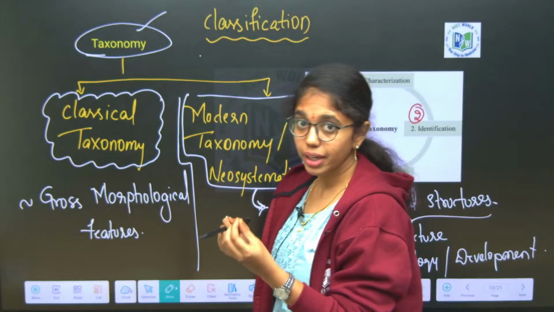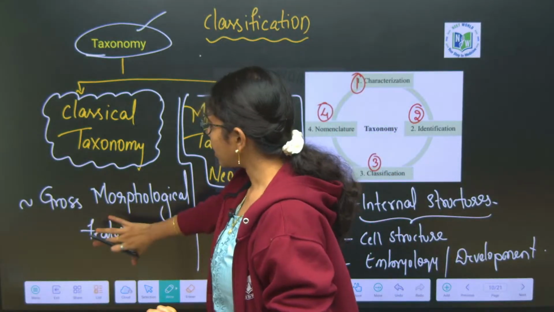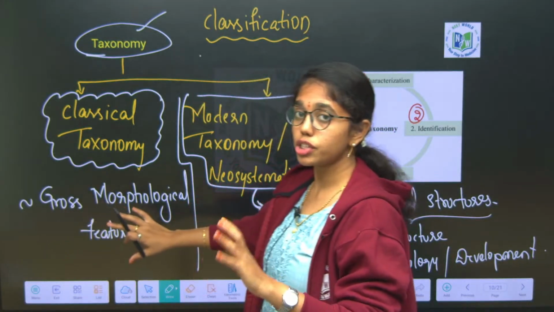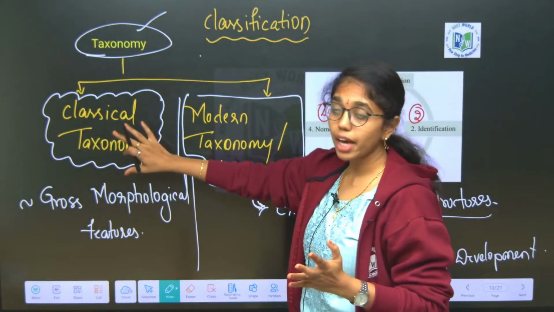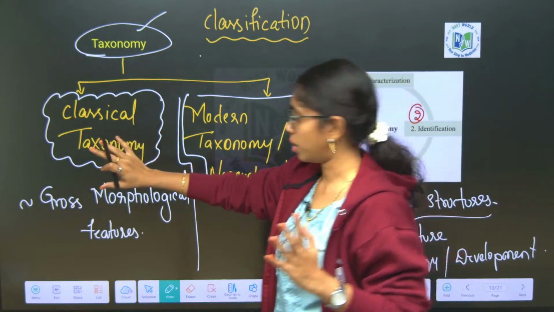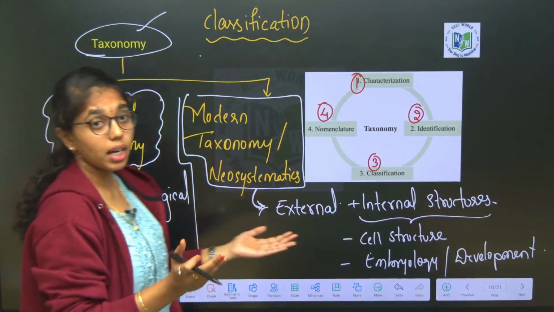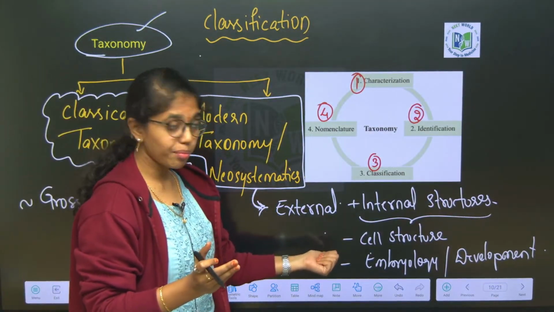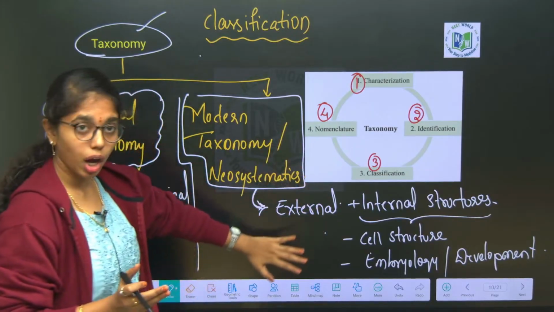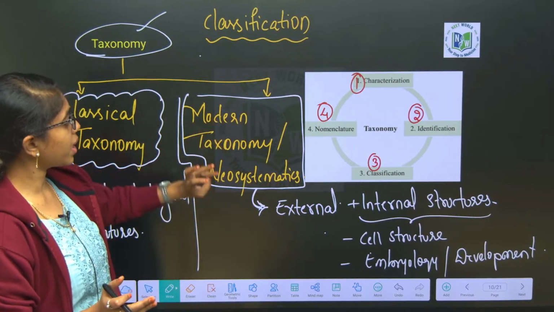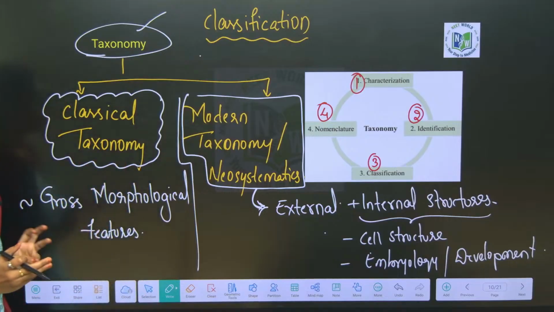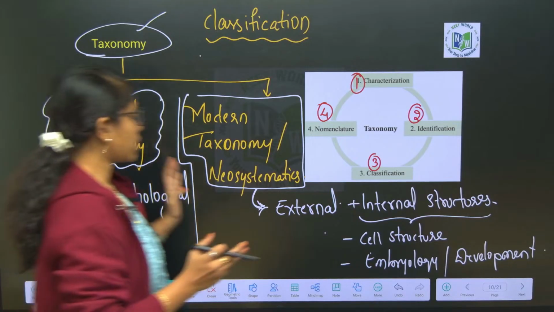If we consider only gross external features, it is classical taxonomy. If we consider both external and internal structures like cell structure, embryology and development, then it is called modern taxonomy or neo-systematics. Clear, right? Next.